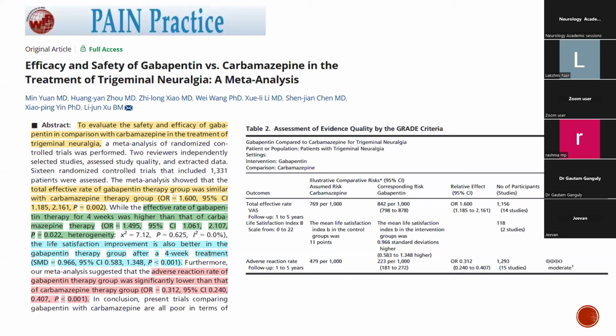While the effective rate of gabapentin therapy at 4 weeks was higher than that of carbamazepine, life satisfaction improvement was more, as well as the adverse reaction rate was less in the gabapentin therapy group, with a significant p-value.